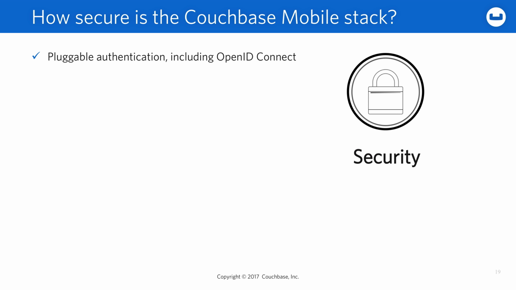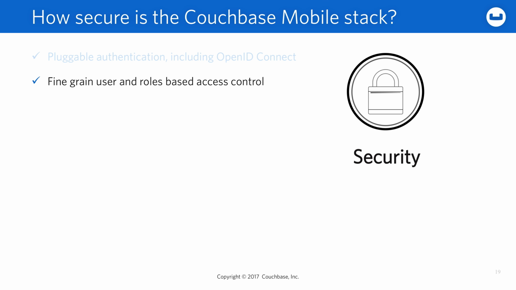Well, first, we deliver pluggable authentication, because who wants to rebuild that portion of your application stack? But for simplicity, we support OpenID Connect so that you can tie directly into the widespread social media authentication frameworks. We also offer fine-grained user and roles-based access control for your data and documents.